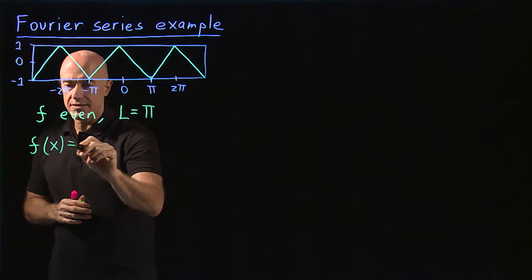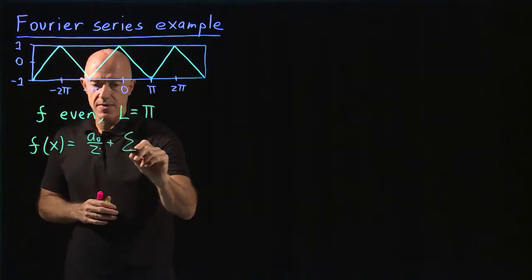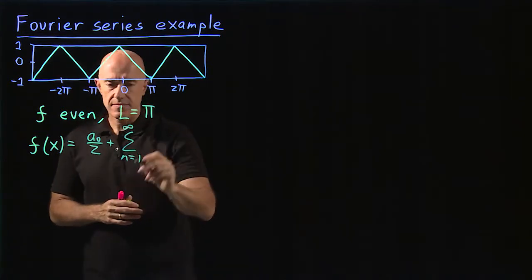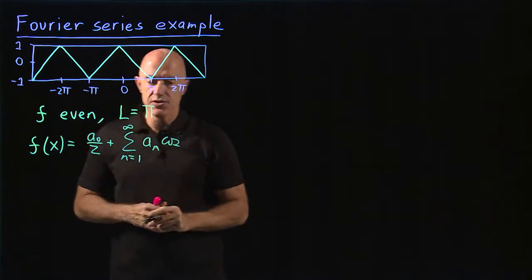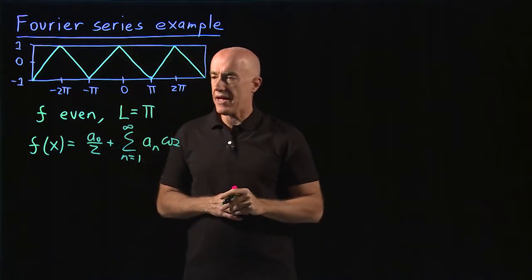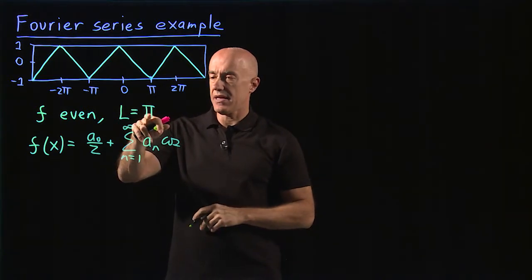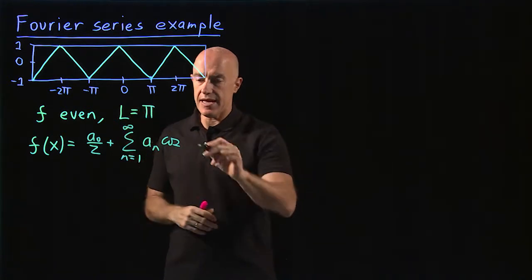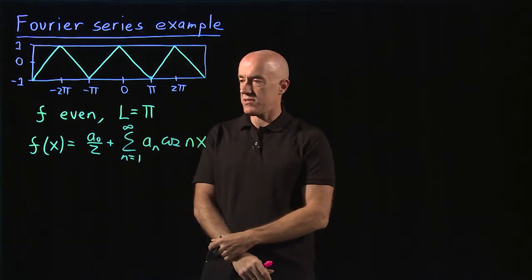So f of x equals a naught over 2 plus the sum from n equals 1 to infinity of a sub n times cosine of n pi x over L, but L is pi, so the pi's cancel, and we get nx. And that's our Fourier series.